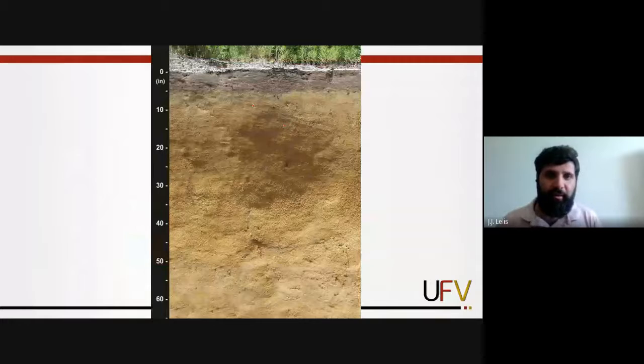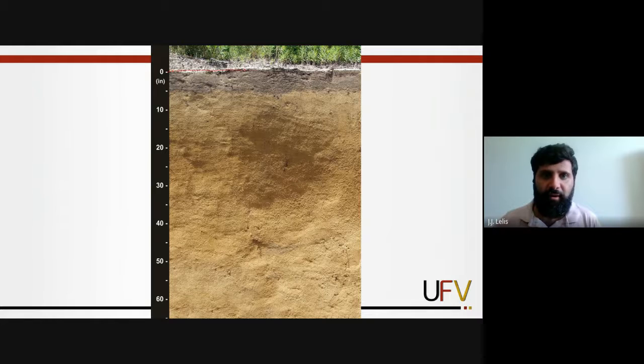Here we can see a planar transitional, and I can draw this line, and this line is parallel to this line, that's the surface of soil.